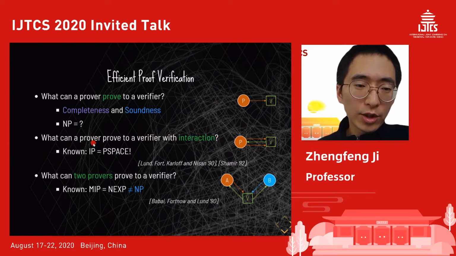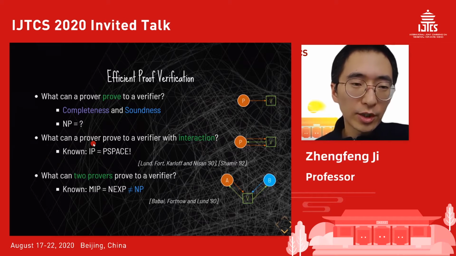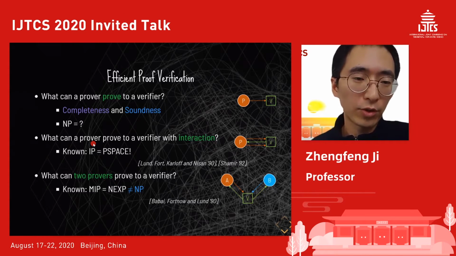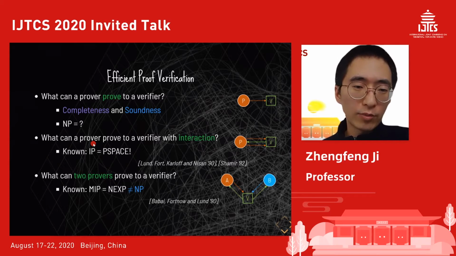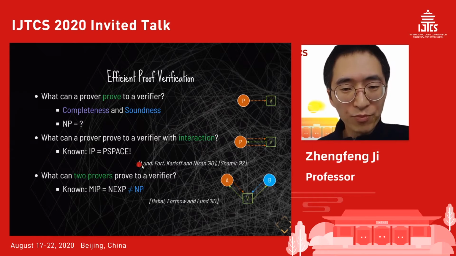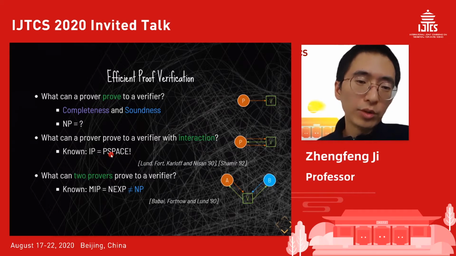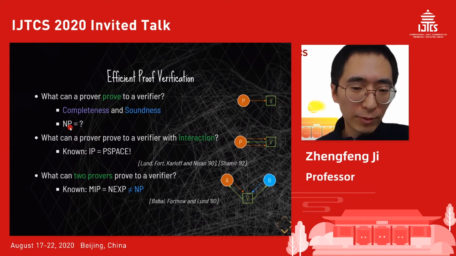Initially, people thought this was a slight modification of NP and that the power should be very close to NP. But very soon, people noticed that this is actually a very powerful class. Actually, we can show that IP equals PSPACE. And normally, in complexity theory, PSPACE is conjectured to be much more powerful than NP.